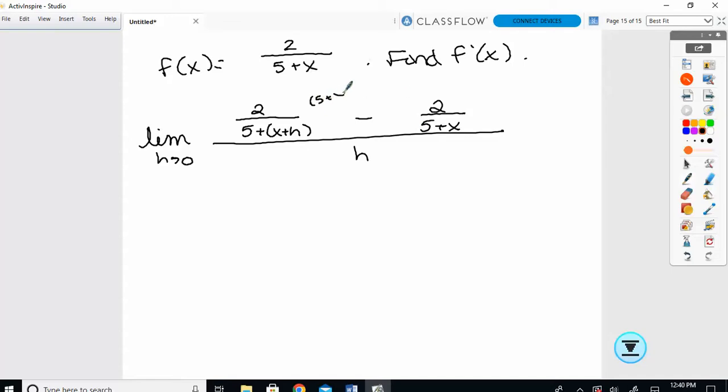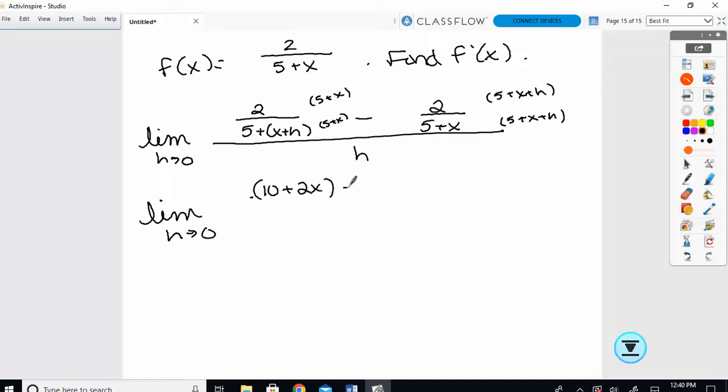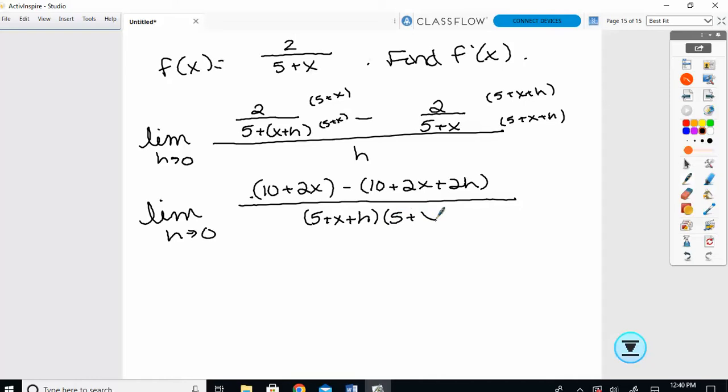So this one needs a 5 plus x, and this one needs the 5 plus x plus h. Instead of divided by h, I'm going to write times 1 over h.